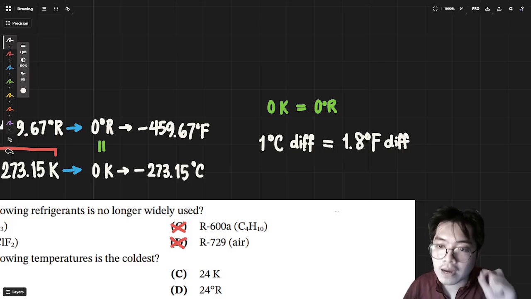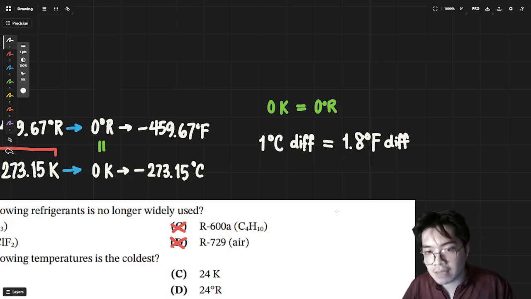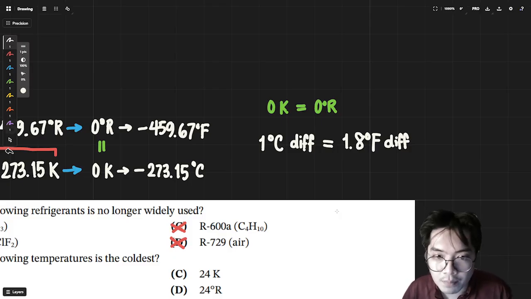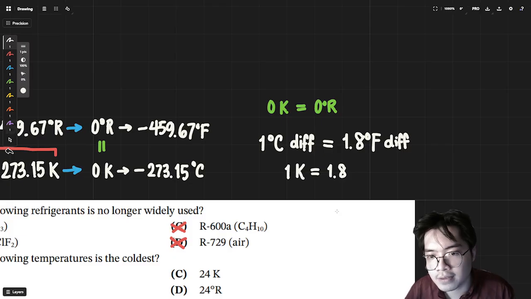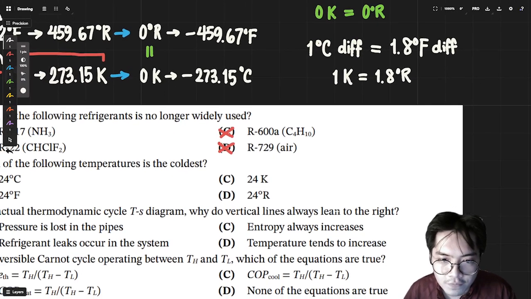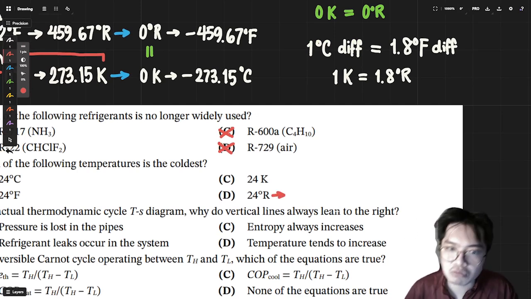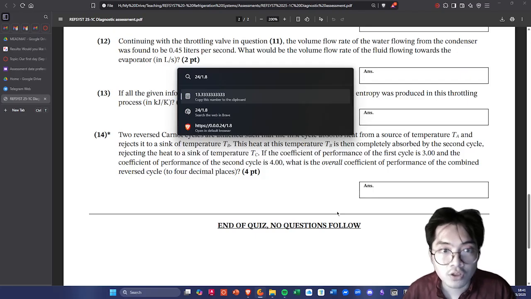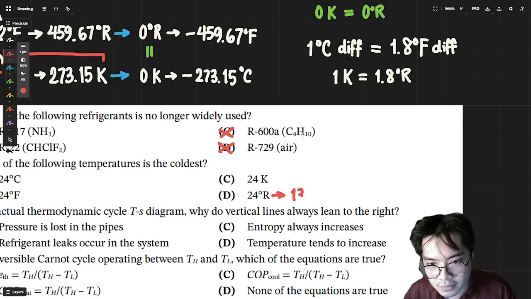When we're talking about temperature differences, then they make the same kind of sense if we're talking about the absolute scale. That means 1 Kelvin is equal to 1.8 degrees Rankine. And therefore, if you turn 24 degrees Rankine into Kelvin, this is going to be 13.3 Kelvin.